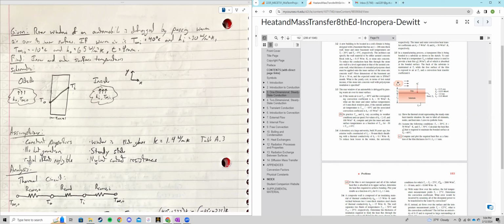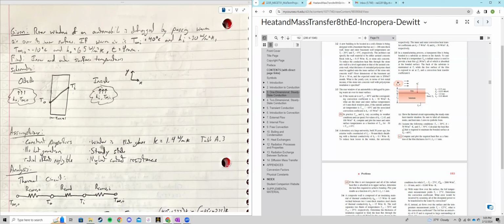I've also stated that radial effects are negligible. My assumption here is just a small object in a large space. So we could just assume that radial effects are going to be very small in this question, so we can neglect those. It also makes it easier for us to solve the problem.